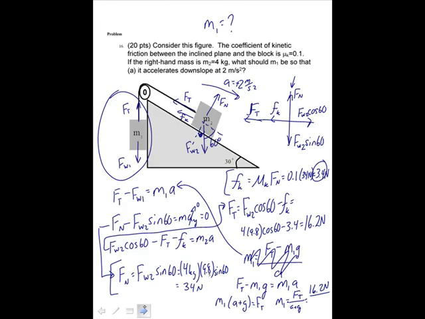That's 16.2 over 11.8, which is 1.4 kilograms. So that's my answer. m1 is equal to 1.4 kilograms.